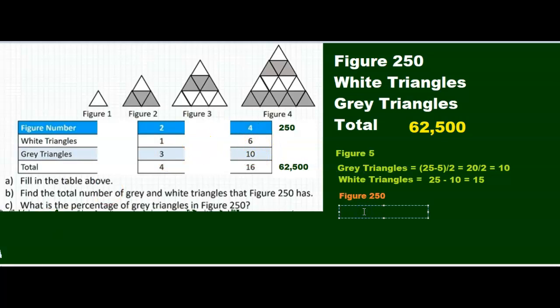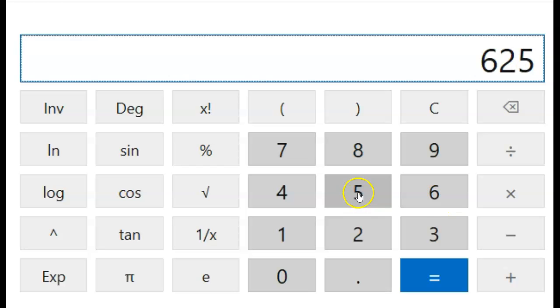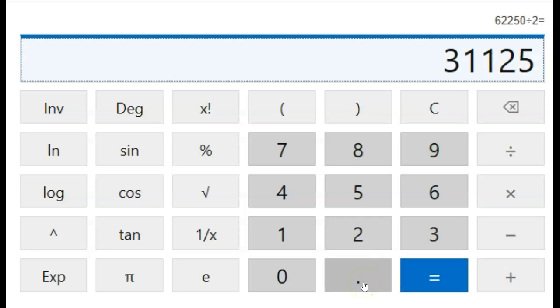We're going to use the same method as before, but now we have more gray triangles. So what we're going to do is we're going to first find the number of white triangles using the same method as we did in figure 5, which was to take our total number of triangles, which is 62,500, minus our figure number, which is 250, and divide that by 2. 62,500 minus 250 equals that, divided by 2 gives me 31125.